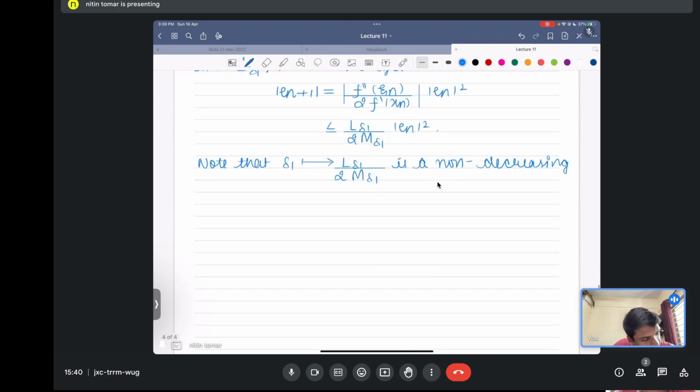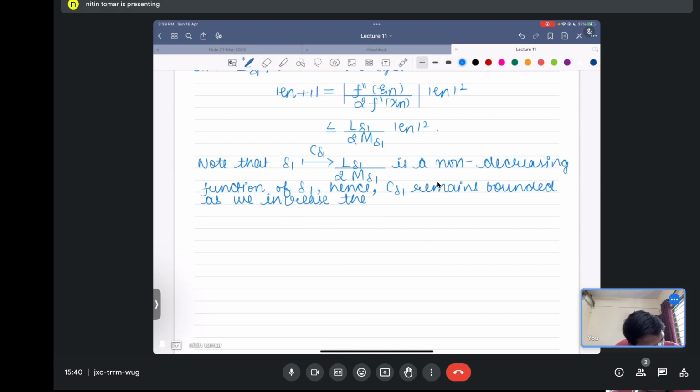So you just prove that this is a non-decreasing function, let this function be c delta 1. So this non-decreasing function of delta 1, hence c delta 1 remains bounded as we increase the value of delta 1.